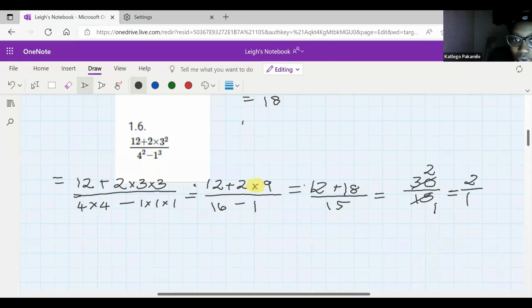What's 2 over 1? 2 divided by 1 is 2. Yes. So to the person who was asking if we simplify, yes, we do.